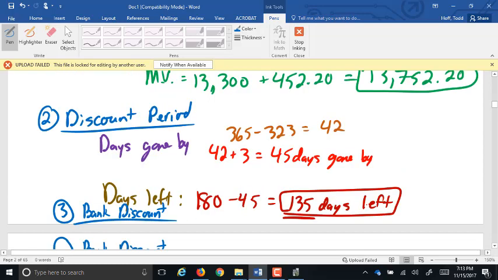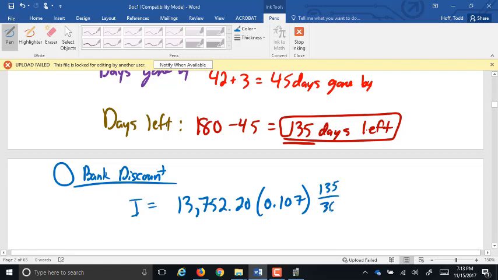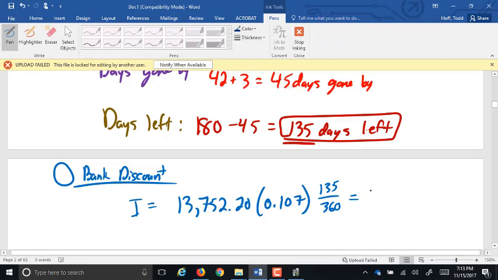The bank discount then is going to go off of the 13,752.20. 0.107 is the 10.7% times 135 over 360, which is how much? 551.81.